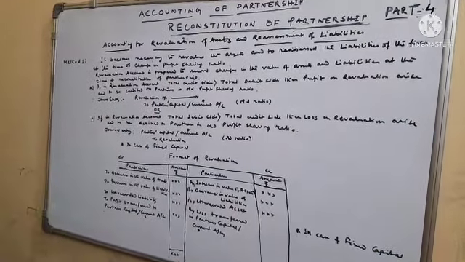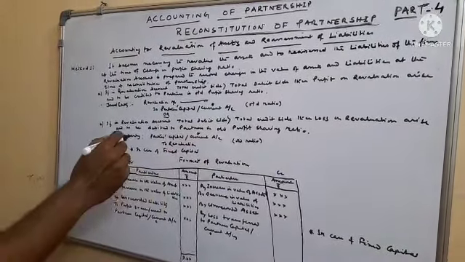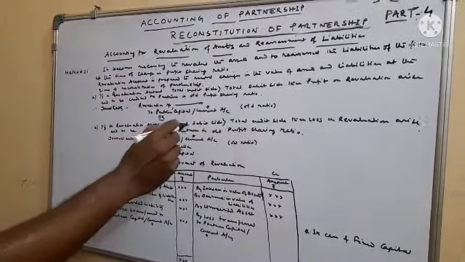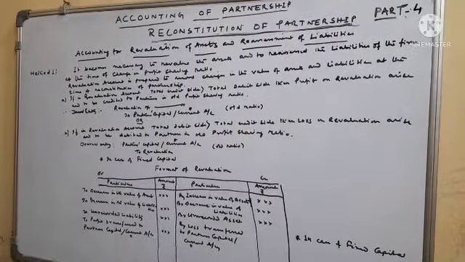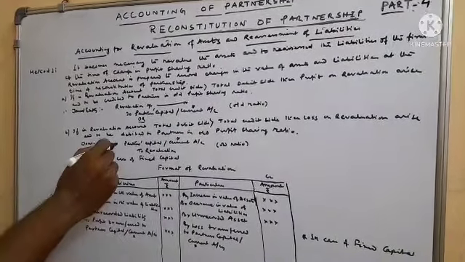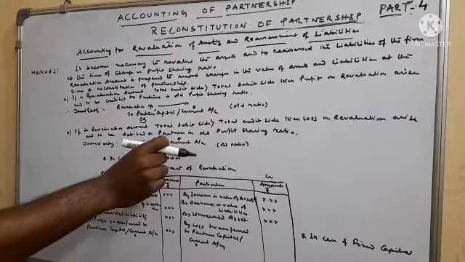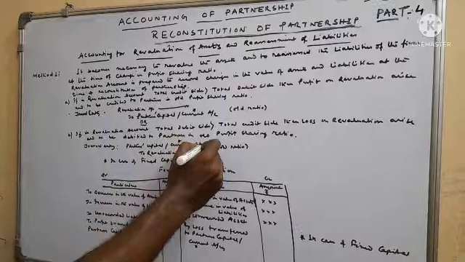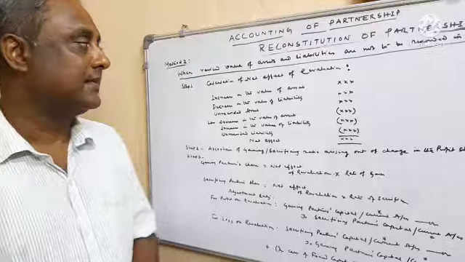If any loss in revaluation arises, it will be debited to partner's capital account in old profit sharing ratio. So general entry for loss: partner's capital account or current account debit to revaluation.